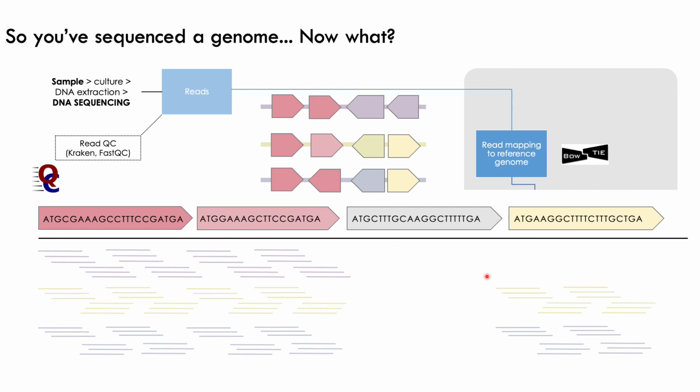Again, it's all relative to the reference. Downstream, you can do pairwise analyses where you can look at SNPs relative to different genomes, not just a singular reference. So again, just a few things to keep in mind, comparing different approaches for different questions.